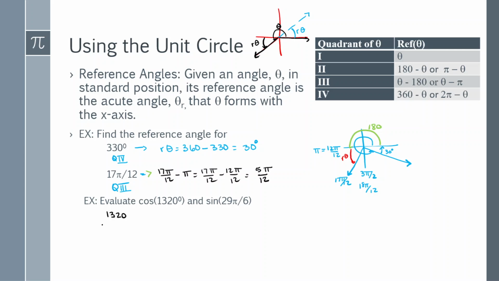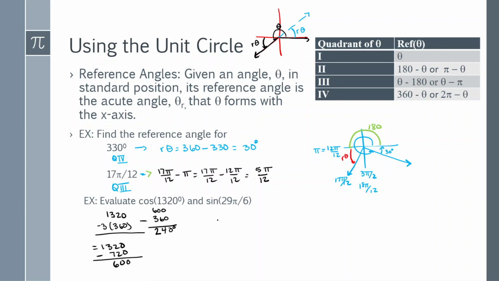So let's do 3 times 360 just to start and see where I'm at. So that's going to be 1320 minus 720. Okay, so that's going to end up getting me 600. Well, that's not quite enough. So let's take 600 and subtract 360 again. So that gives me 240 degrees.